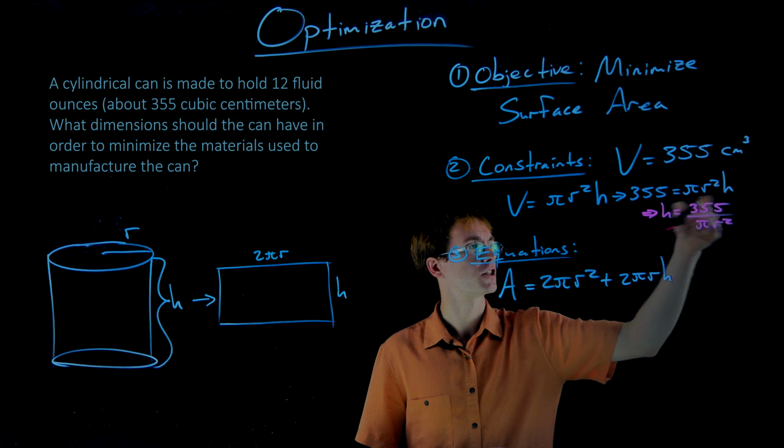The height of our rectangle is going to correspond to the height of our can, and the width of that rectangle is going to correspond to the circumference of the can. And so what is the circumference? Well, it's just 2 pi times the radius. So that second term for our area equation is just going to be the area of the side of our can, and it's going to be 2 pi r times h.